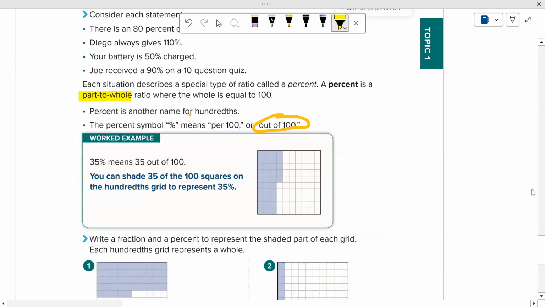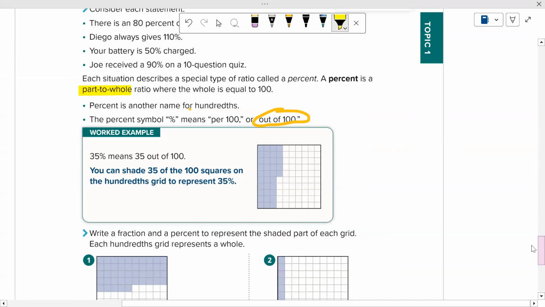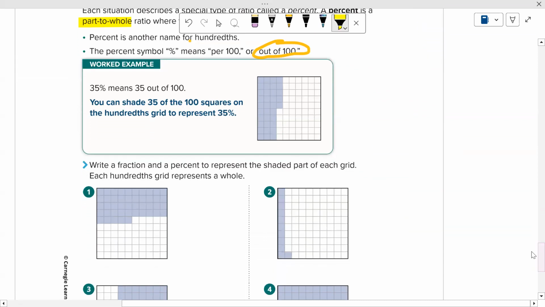If we're thinking about it as a grid and we think of hundreds or percents as hundredths, then you look at this hundreds grid. So 35% means you have 35 out of 100. So you can shade in 35 squares in the hundreds grid.